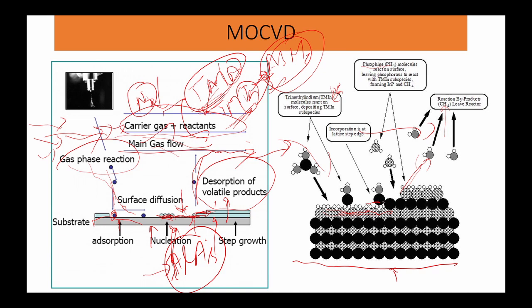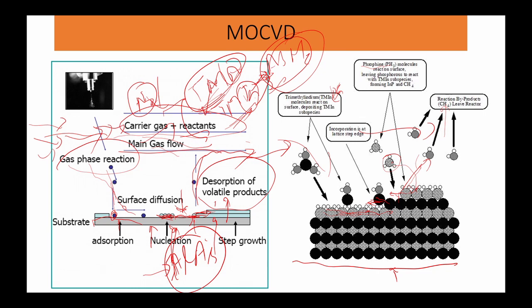If this material, this phosphine, will not react with another compound of the phosphine. So this will form a monolayer only, and then only it will react.